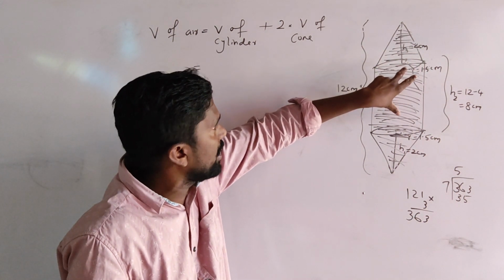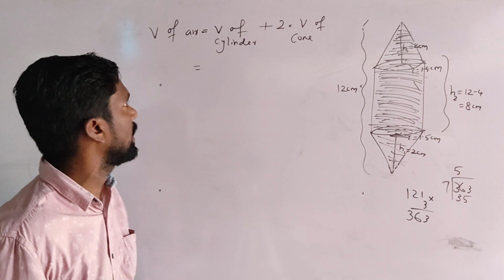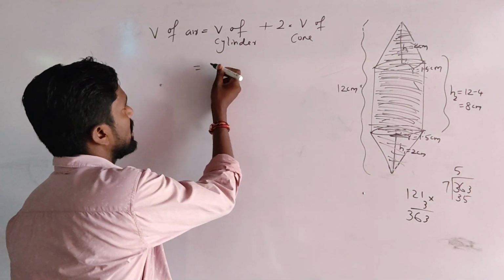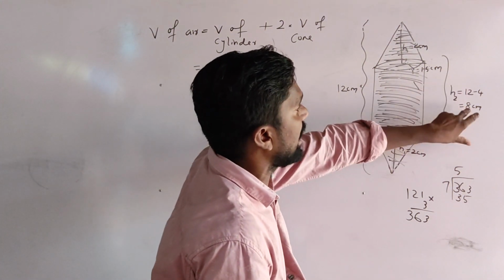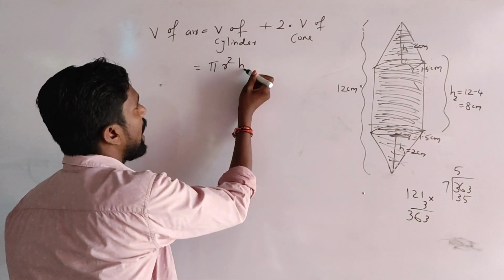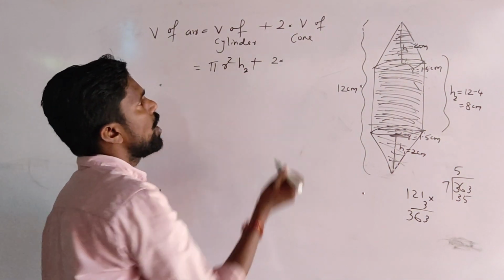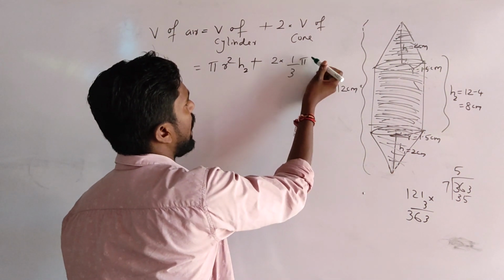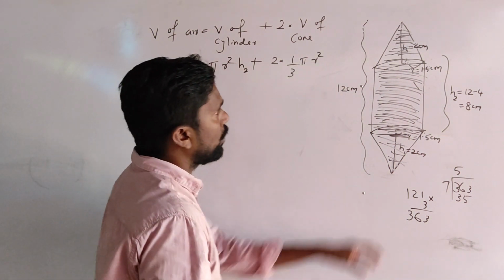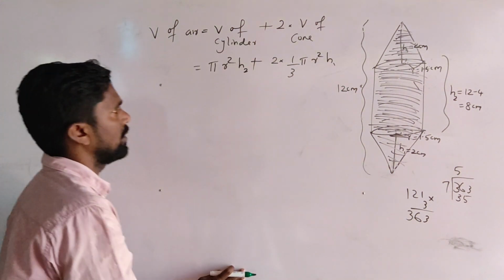Volume of cylinder plus 2 into volume of cone. Volume of cylinder is pi r square h, but here the cylinder height is h2, so pi r square h2. 2 into volume of cone means 2 into 1 by 3 pi r square h, but the cone's height is h1, so 2 by 3 pi r square h1.